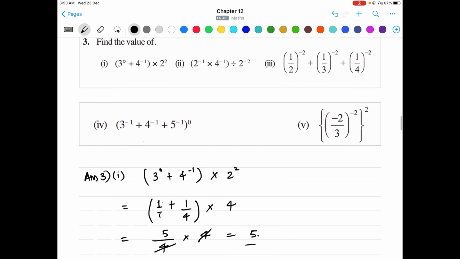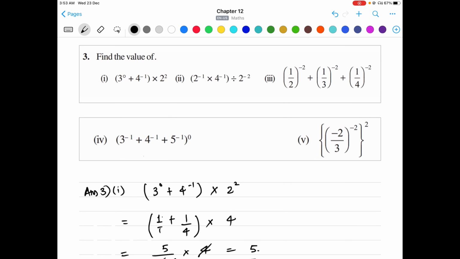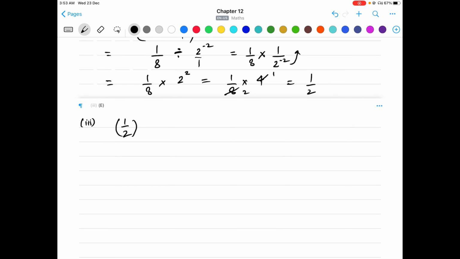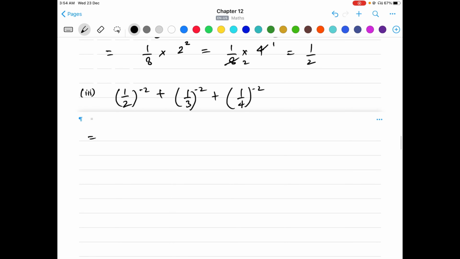Now moving ahead to the next one, we have (1/2)^-2 + (1/3)^-2 + (1/4)^-2.